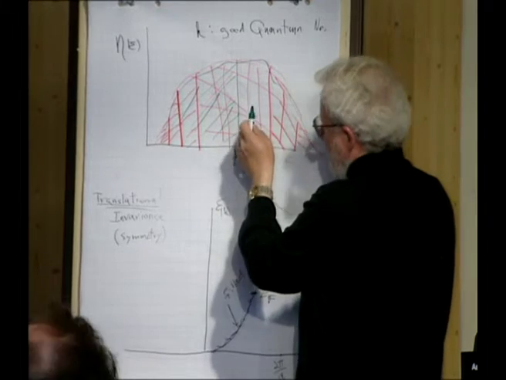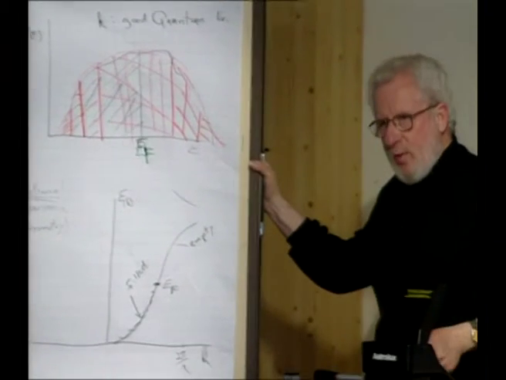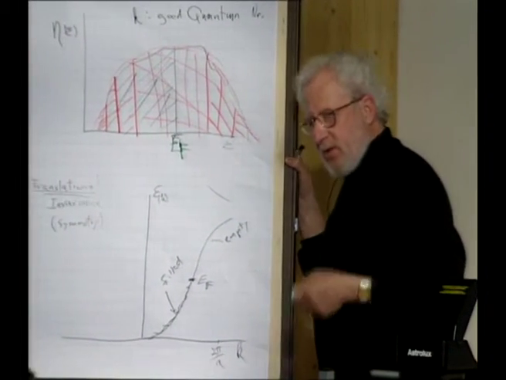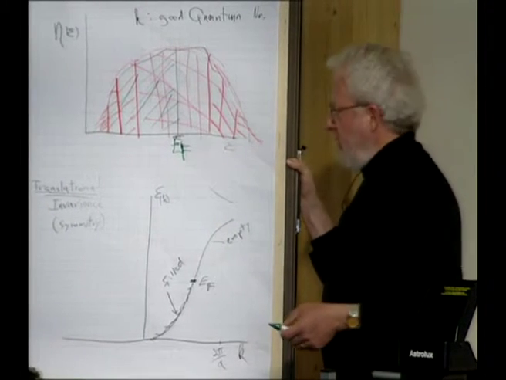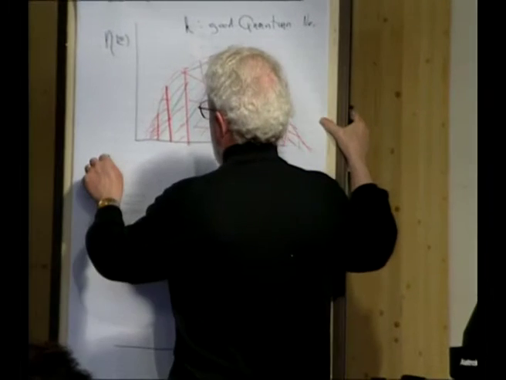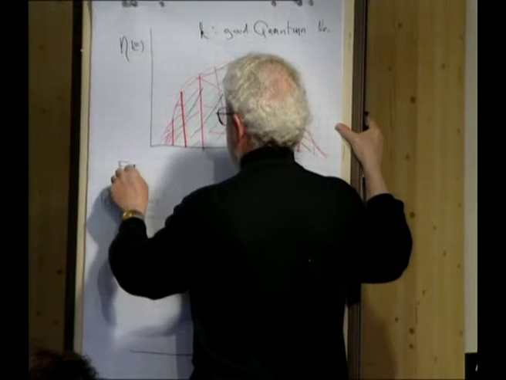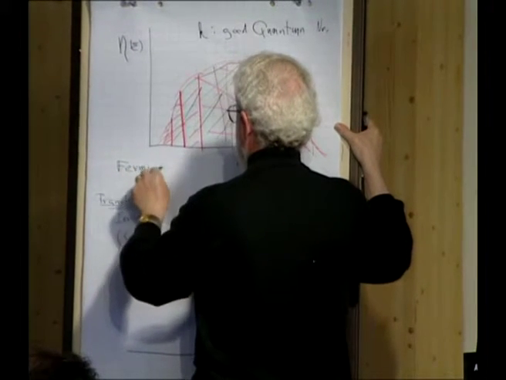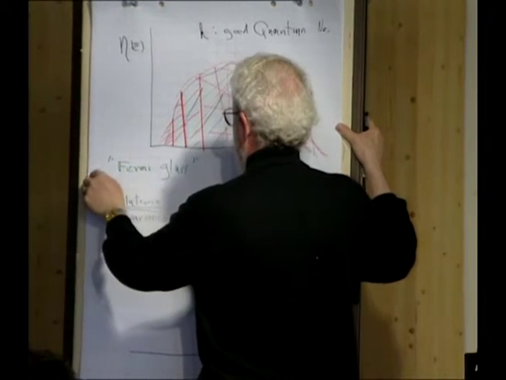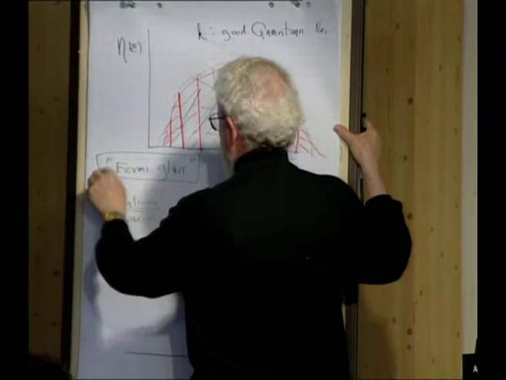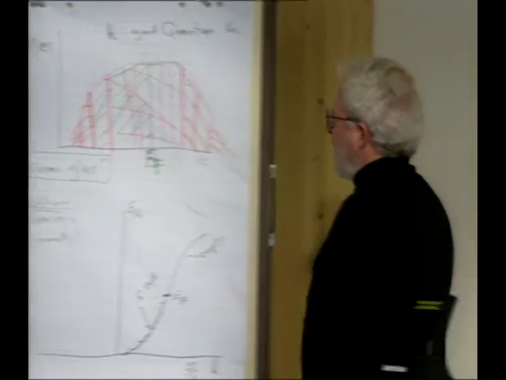So this is still a continuum of states, but since all the states are localized, it's not a metal. What Anderson called it is a Fermi glass. Because it is a system of fermions that is highly disordered.